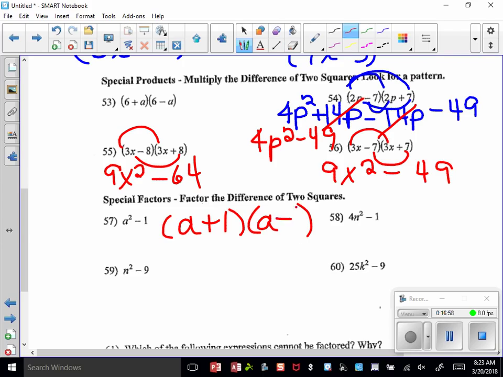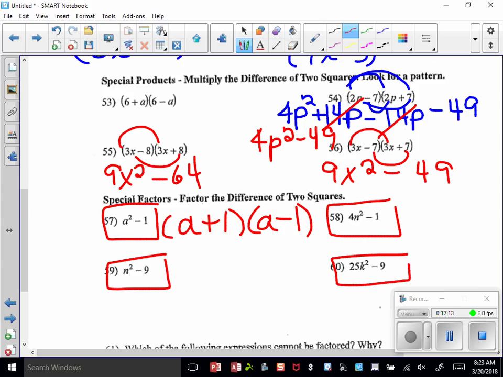So these are just very quick ways to factor if you can identify special cases. So what gives this one away is it's a binomial. Notice there are only two terms. And not just that, the numbers in both terms are perfect squares.